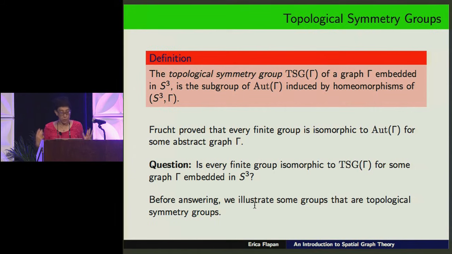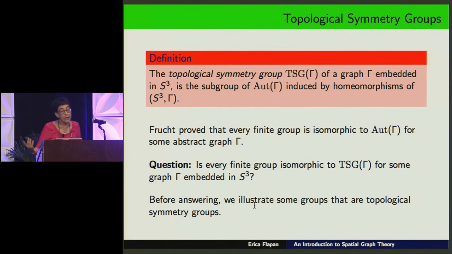So now I'm moving far away from chemistry, thinking about this from a pure mathematician point of view, and noticing that Frucht in the 30s proved that every finite group is isomorphic to the automorphism group of some abstract graph, in fact, some connected abstract graph. And so the question that I asked was, is every finite group isomorphic to the topological symmetry group for some graph embedded in S3? So when Frucht was approaching it, he has the freedom to pick any graph, and now I've got the freedom to pick any graph and any embedding of any graph in S3.